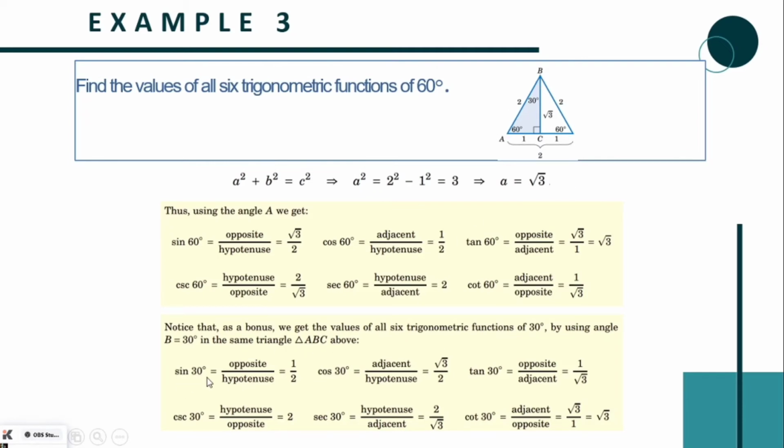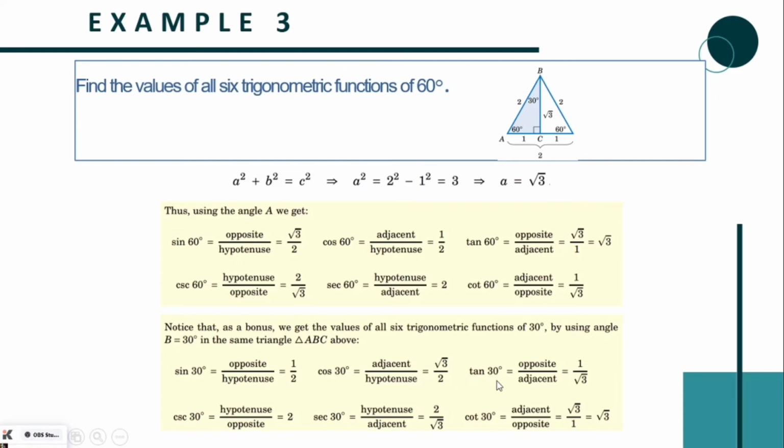So sine 30 is equal to opposite over hypotenuse. The opposite of 30 is 1, and then the hypotenuse is 2, so 1/2. Then cosine 30, that's adjacent over hypotenuse, so the adjacent side of angle B is BC, that's square root of 3, and then hypotenuse is 2, so cosine 30 is square root of 3 over 2.